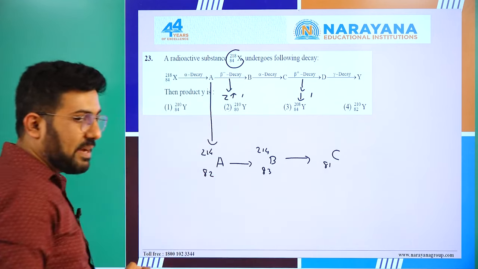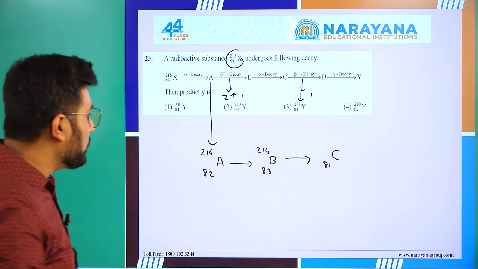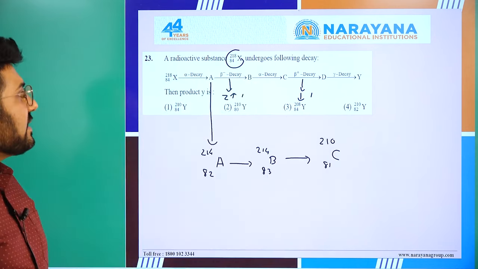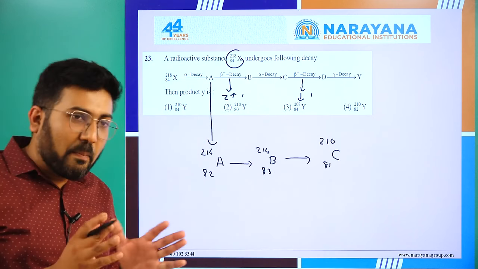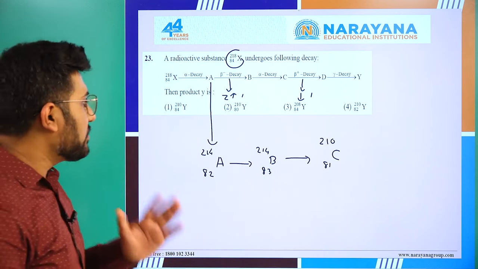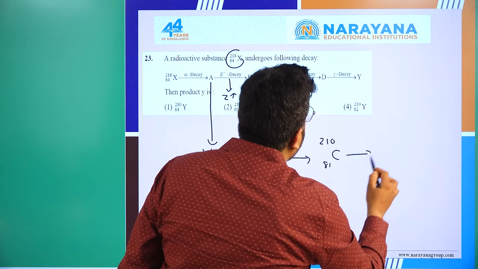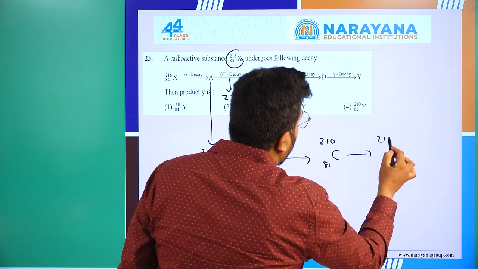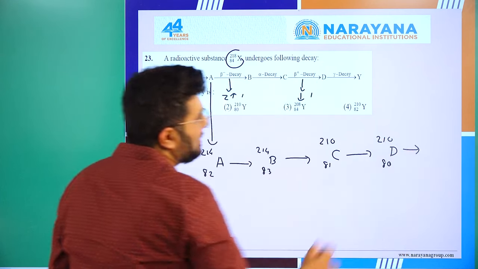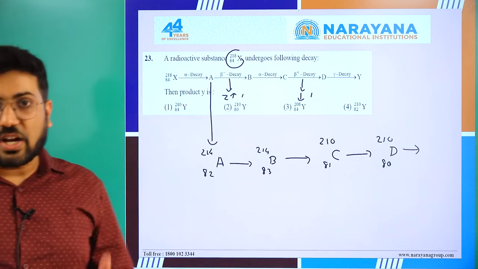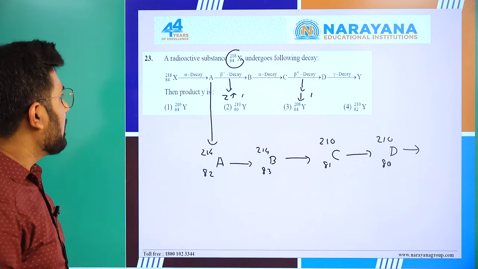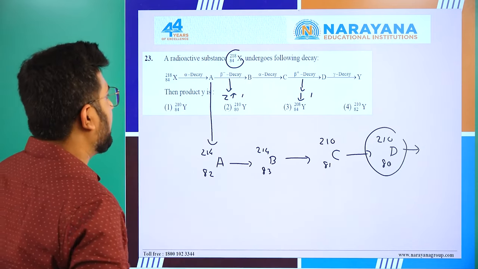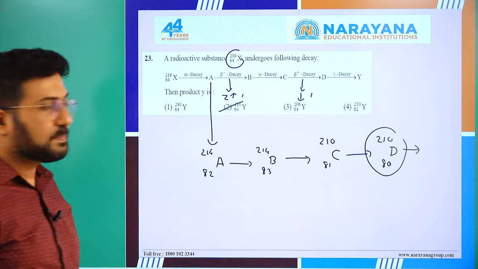From 83 it will become 81, because the charge number decreased by 2 and the mass number decreased by 4. Then we have a beta plus decay in which the mass number will not change and the charge number will decrease by 1. So, from here I will get the new element D, which is 80, 210, and gamma decay does not change the charge number or mass number. So, the final product is 80 and 210.